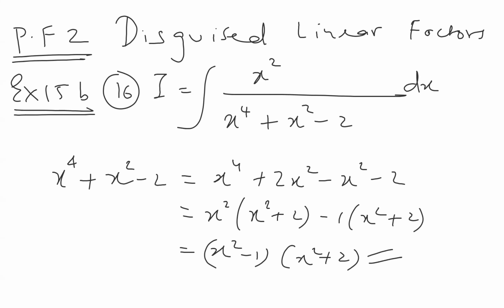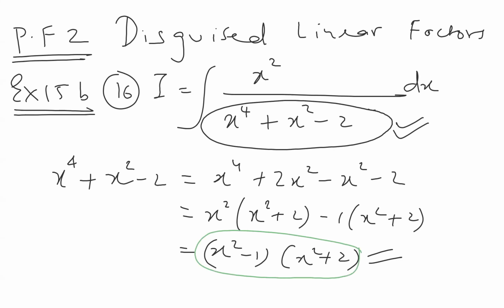First of all, the category is disguised linear factors. Okay, have you copied this much? Fine. One second. Now what I'm going to do is, while writing the next step, I'm going to replace this denominator with the factorized terms, the two factors.